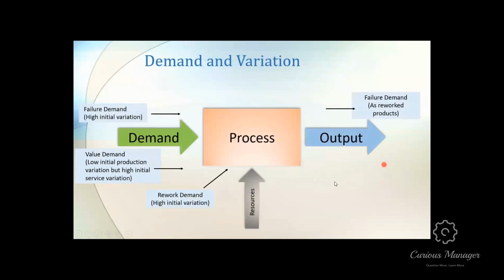Like a repair line for truck lines or something like that. Any repair facility may have this. Okay, so this is important to understand how the demand can occur within a process. So ideally, we want to reduce rework demand. We also want to reduce failure demand, especially in service operations.